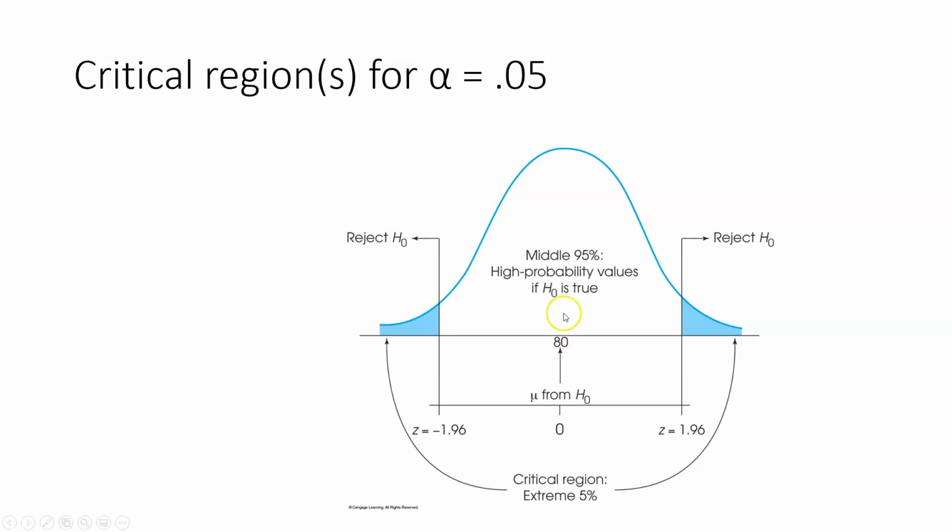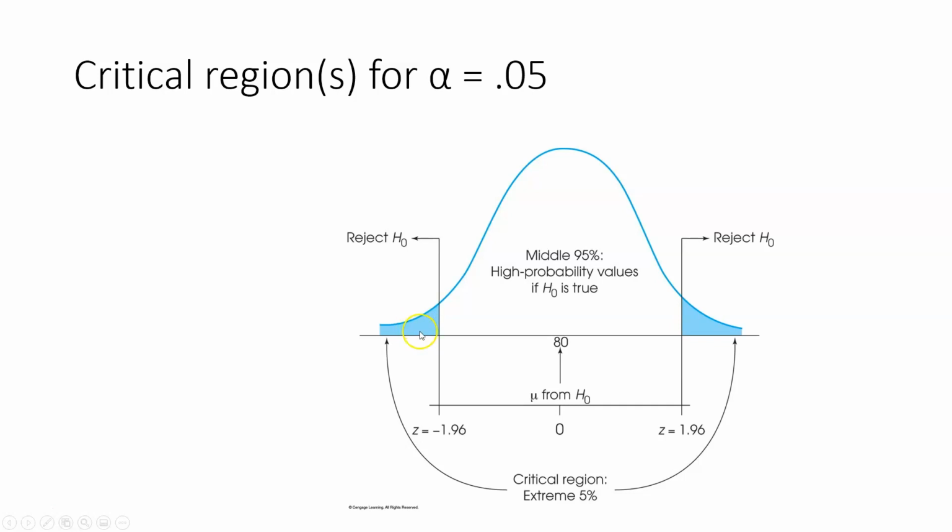This 80 is the mean of the population if the treatment doesn't have any effect on math scores, and the people who have an electrical stimulation of the brain still continue to obtain the same math scores as everybody else.